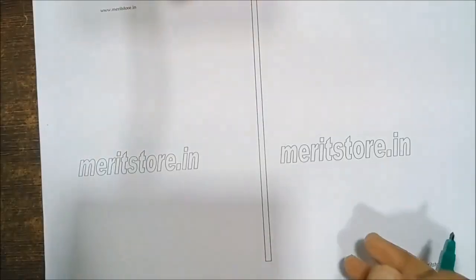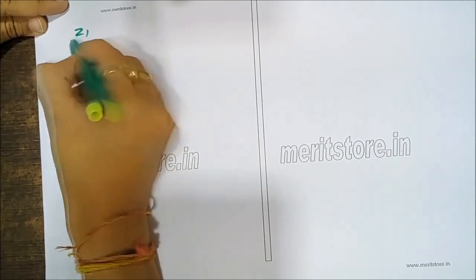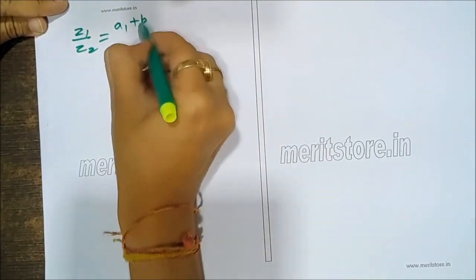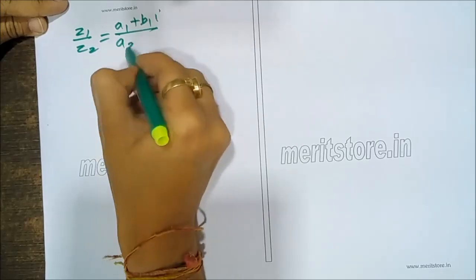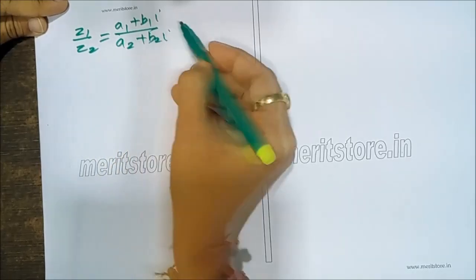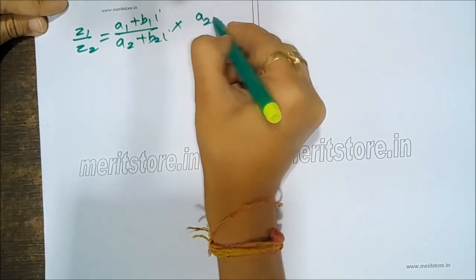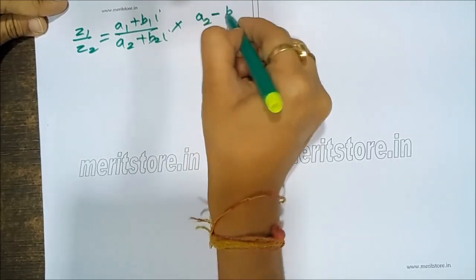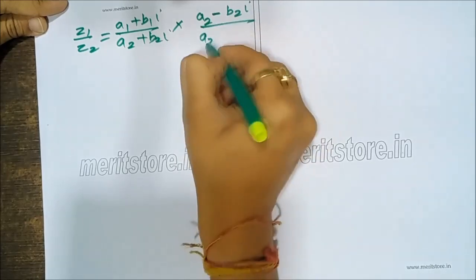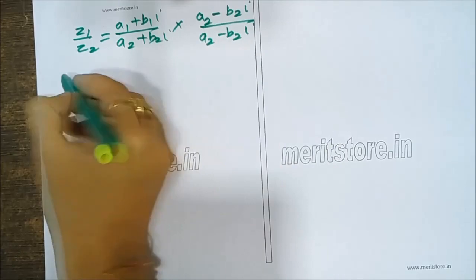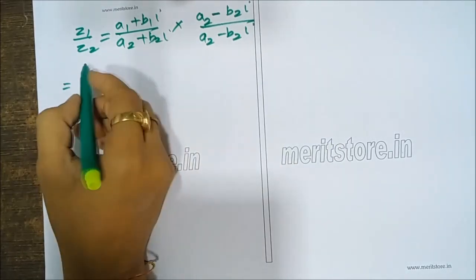When I am dividing Z1 upon Z2, that is A1 plus B1i upon A2 plus B2i, you are taking the conjugate of the denominator, you are multiplying and dividing with the conjugate, and then I am opening the brackets.